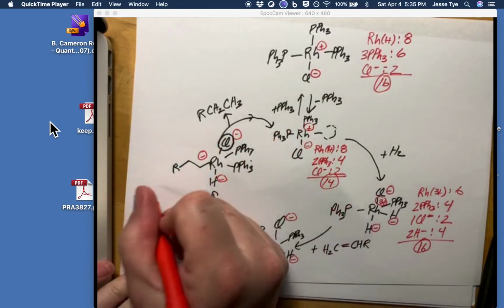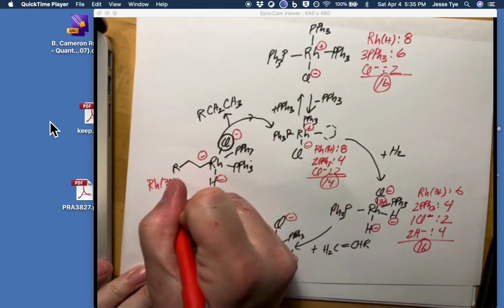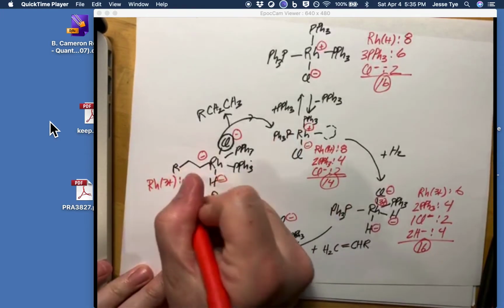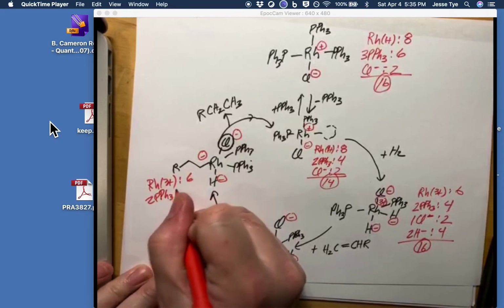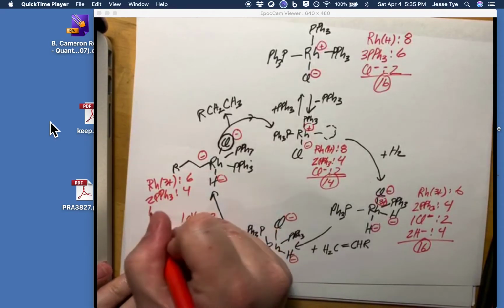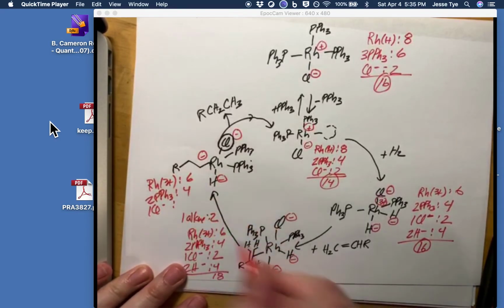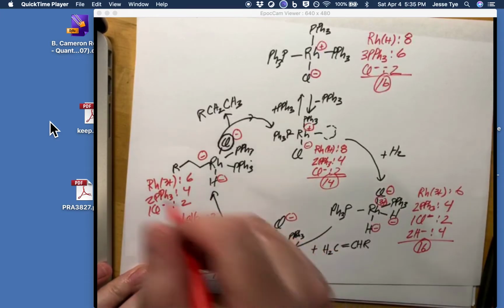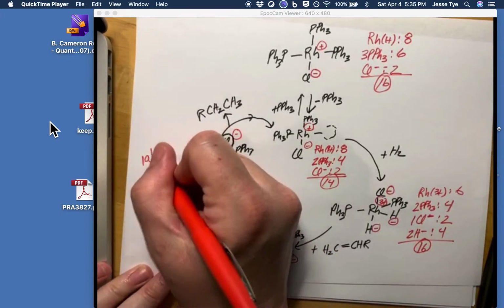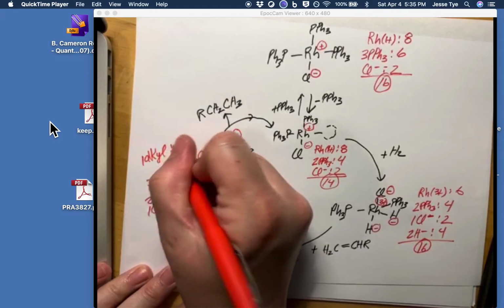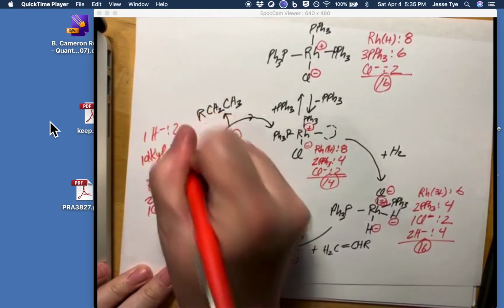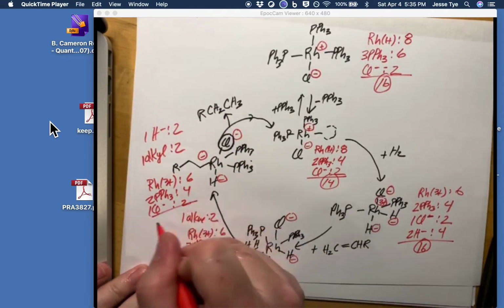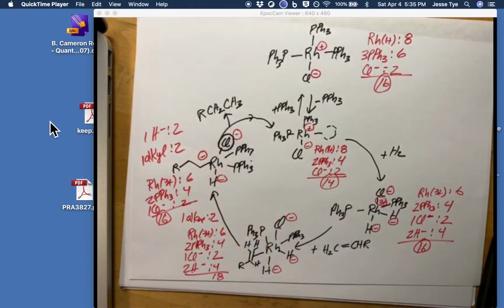So I haven't done any redox here. It's still rhodium 3, still d6, 2 phosphines, 4 electrons, 1 chloride, 2 electrons, 1 alkyl group, 2 electrons, 1 hydride, 2 electrons, so 16 electrons.